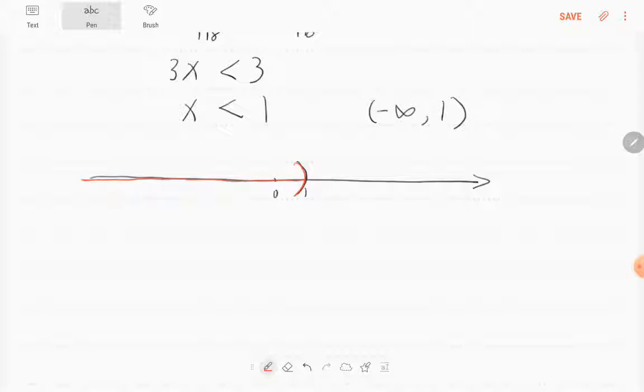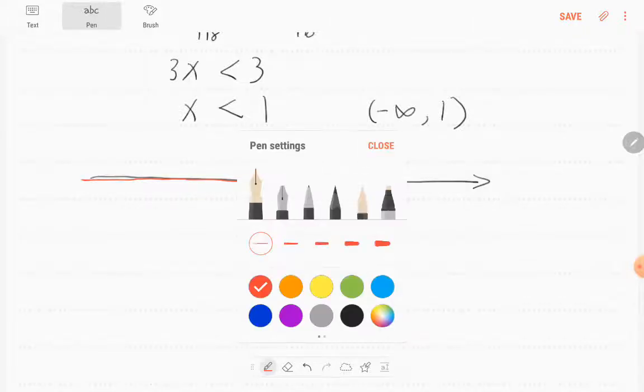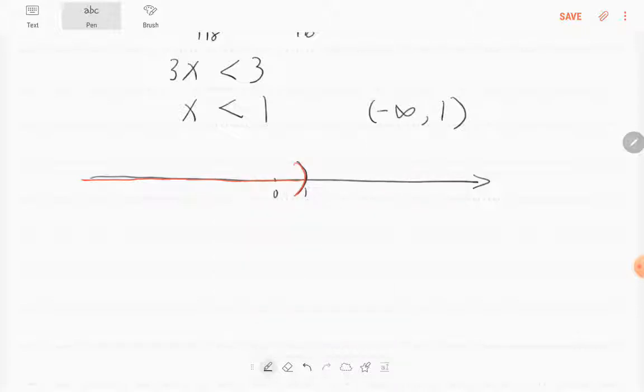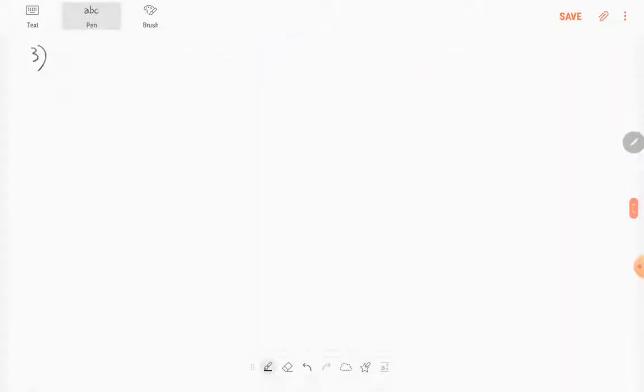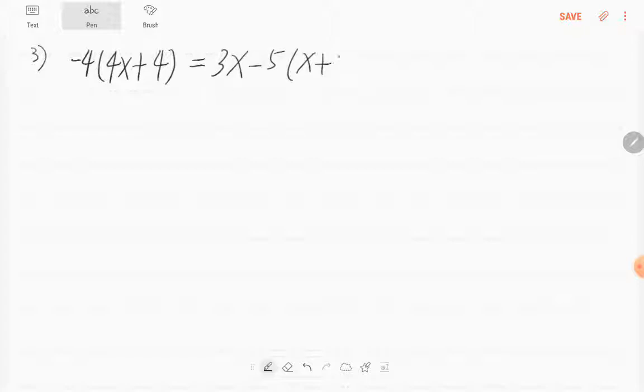The third one, we want to solve a linear equation, which is -4(4x plus 4) equals 3x minus 5(x plus 1).